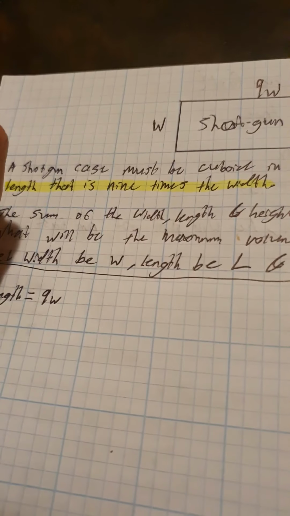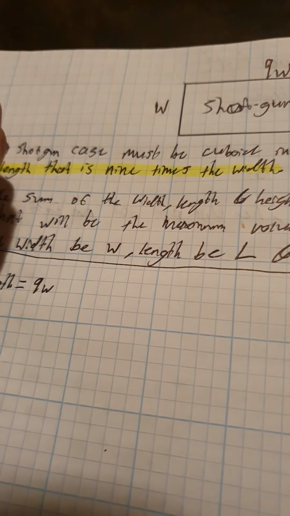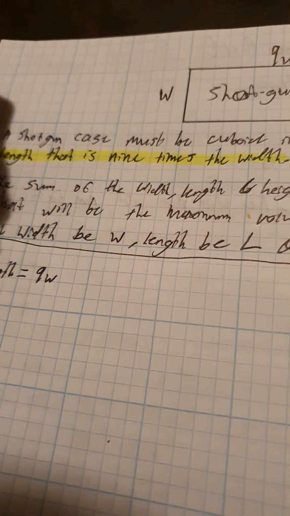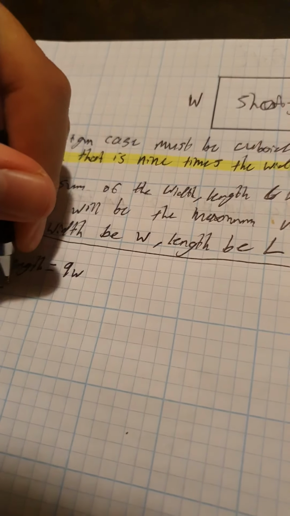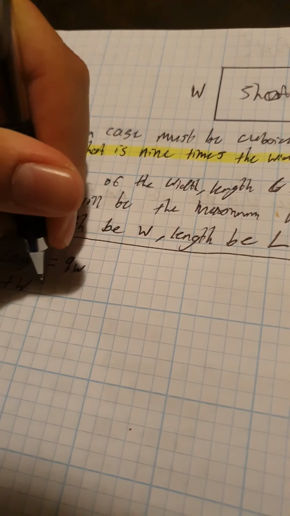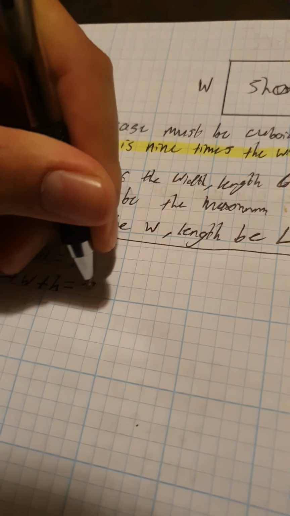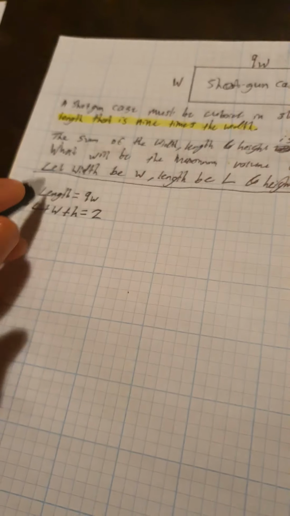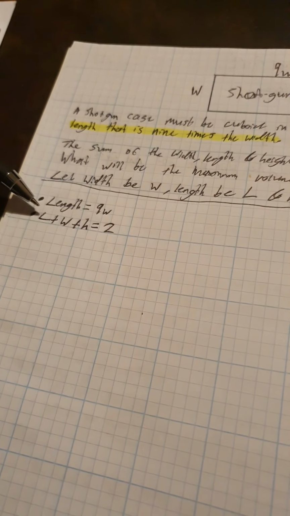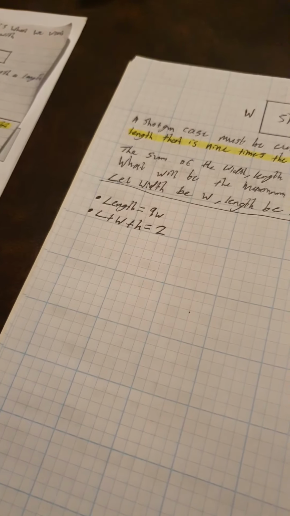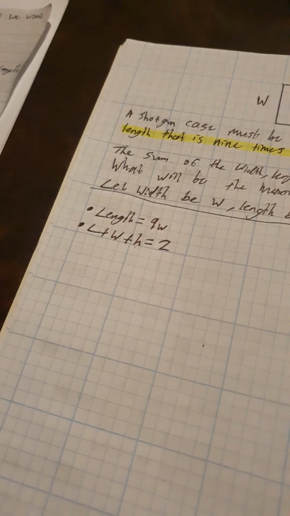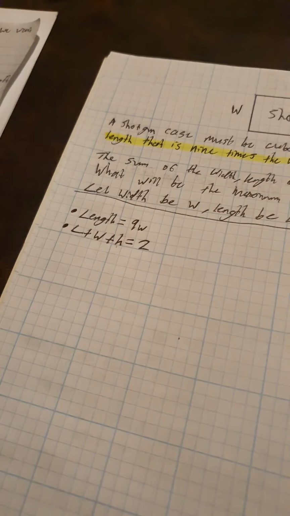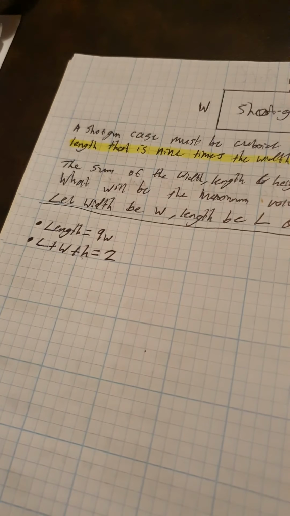So we will know that L plus width, which is W, plus H equals 2. We know that this equals 2 because L is length, W is width, H is height, and the sum of them, length plus width plus height, equals 2 because the question says so. We'll highlight that because we've got that now.